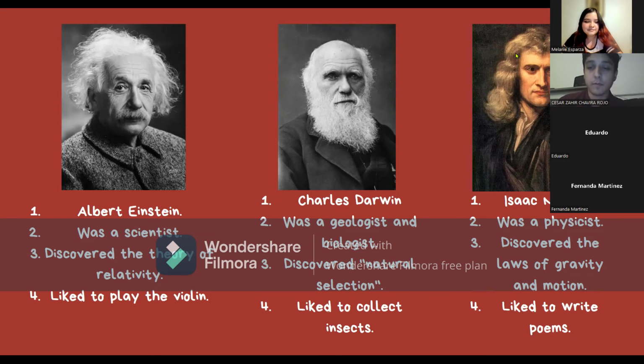Maybe the laws of gravity and motion, which were discovered by Isaac Newton, are three of the most important in physics. Okay, very good. That's a very good example of how we can use who and how we can use which. So what do you think? Do you have a doubt or a question?